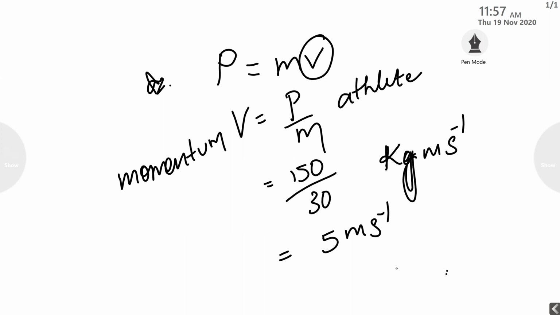Next, a small problem is there. Which would require a greater force?